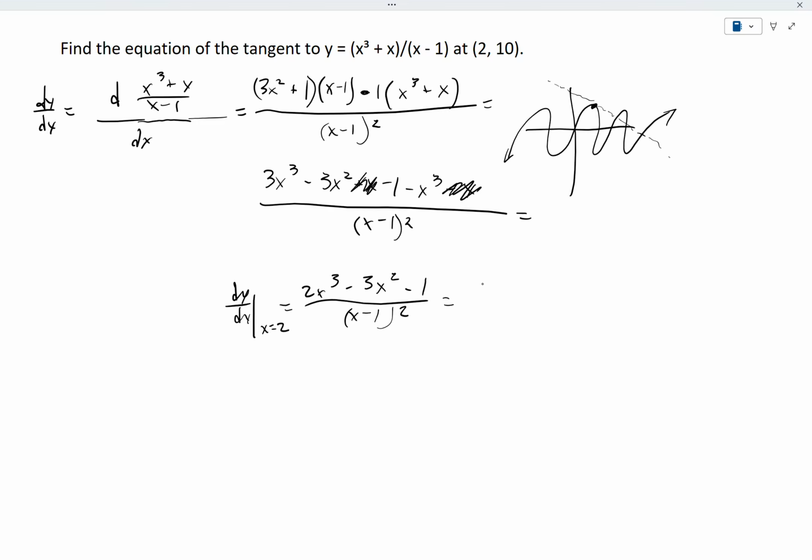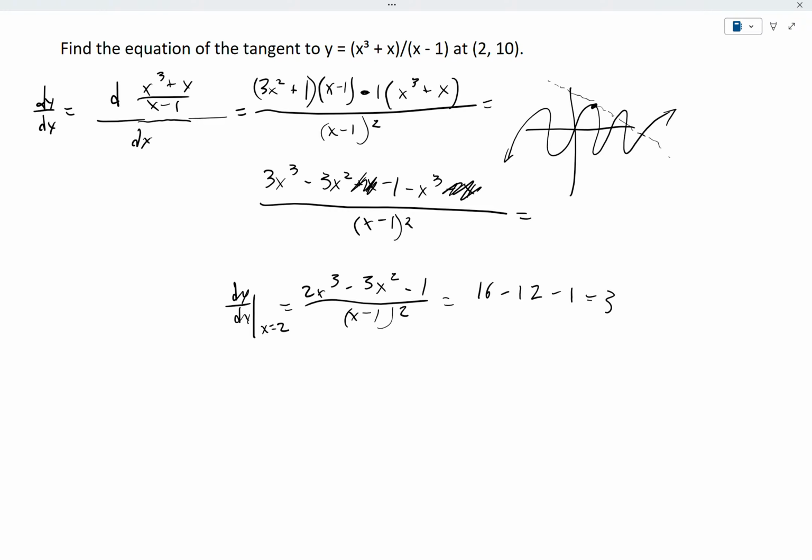So this is going to be 2 times 8, that's 16, minus 3 times 2 squared, so that's minus 12, minus 1, all over 2 minus 1 is 1 squared. That's going to be 1 in the denominator, so I don't even need a fraction anymore. And I can simplify this. That's going to be 4 minus 1, 3. So I know that the slope at x equals 2 is 3.